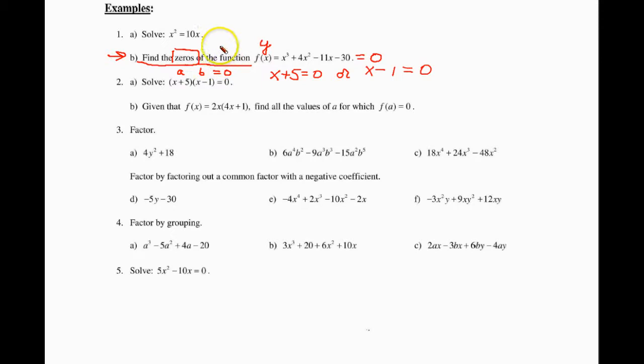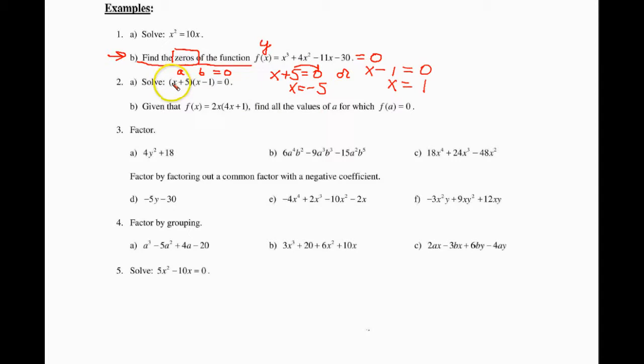This is the strategy, the protocol for solving when it's factored and it equals 0. This is probably the easiest kind you're going to have. Now all we do is just transpose that, and we get x equals negative 5, and here x equals 1.